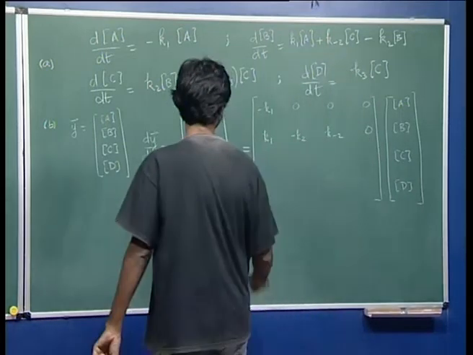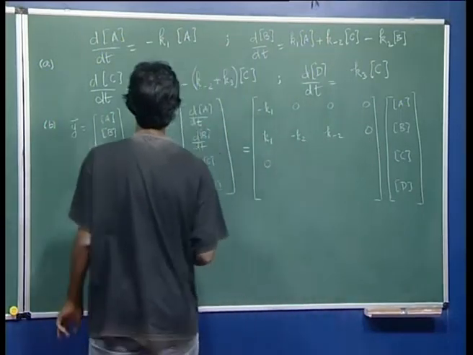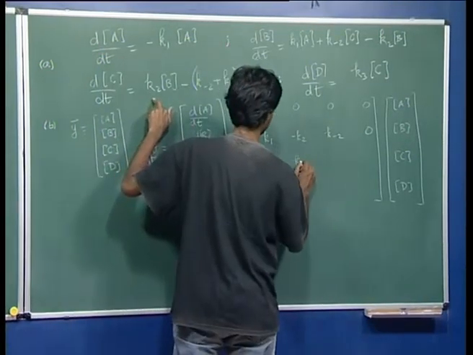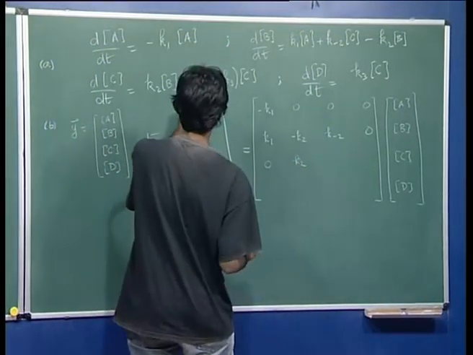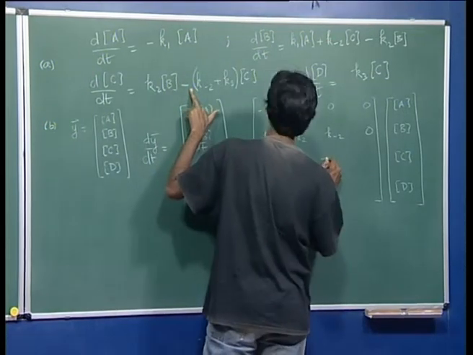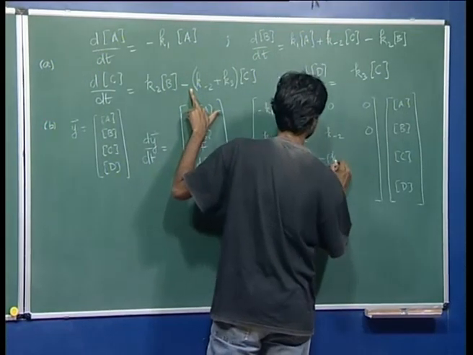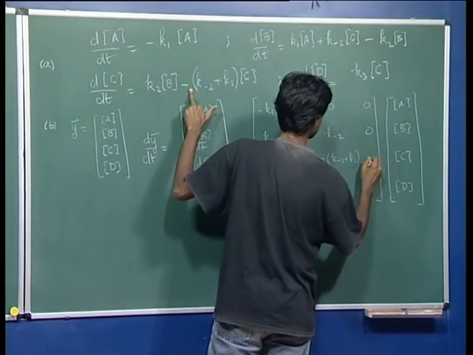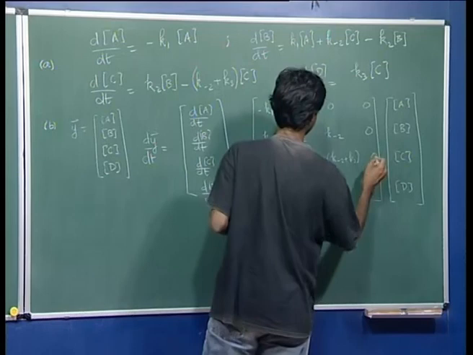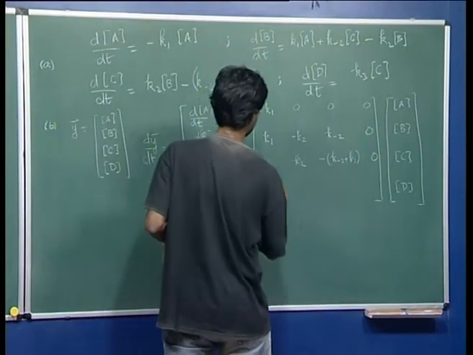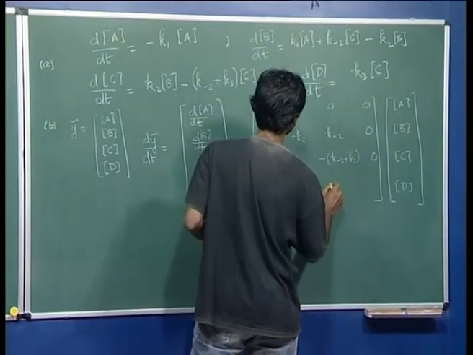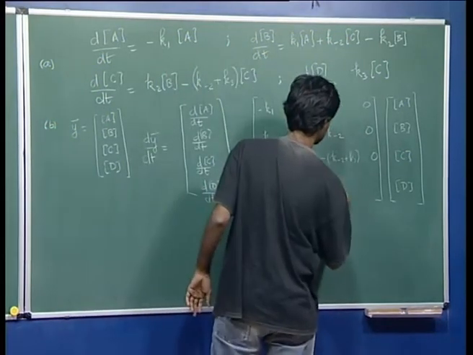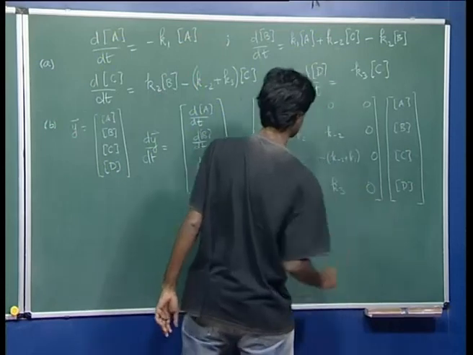Now, dC by dt I can write as, so you have k2 times b, so there is a k2 here, and you have minus k minus 2 plus k3 times c, and then it is independent of d, and for d these two are 0, and this is k3, that is 0.